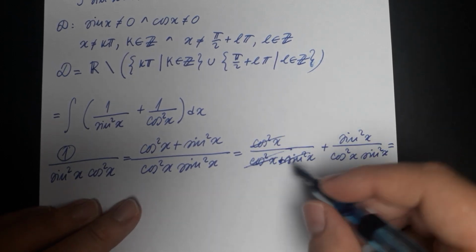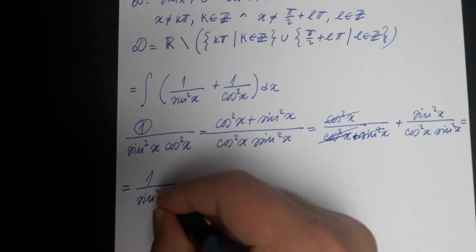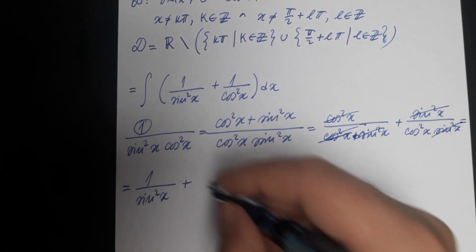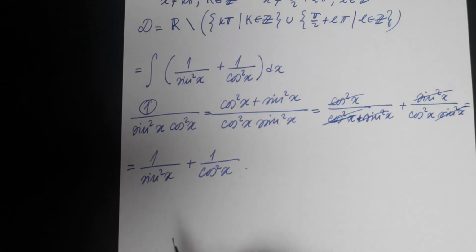Cosine and cosine cancel out, and we have 1 divided by sine squared of x plus, sine and sine cancel out, and we have 1 divided by cosine squared of x.